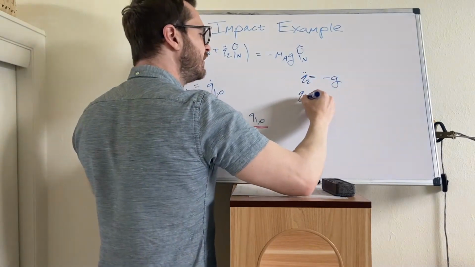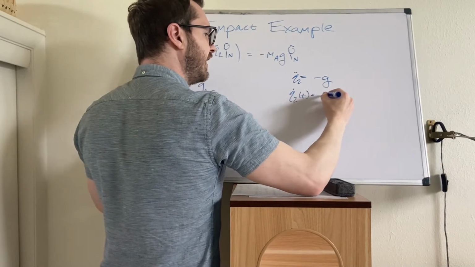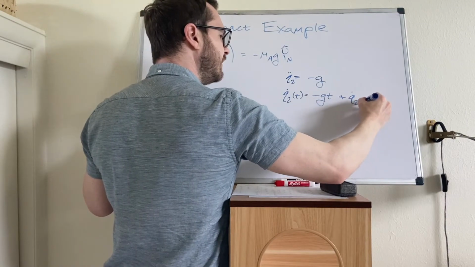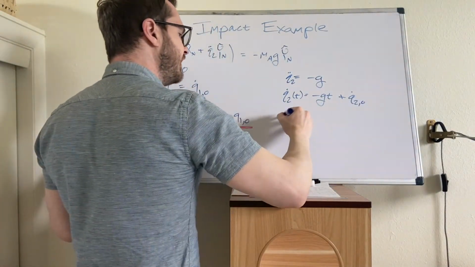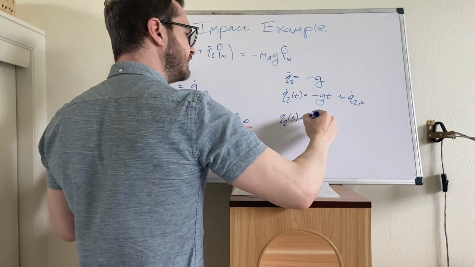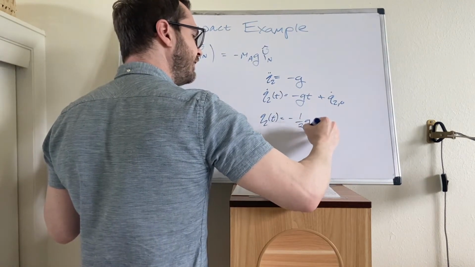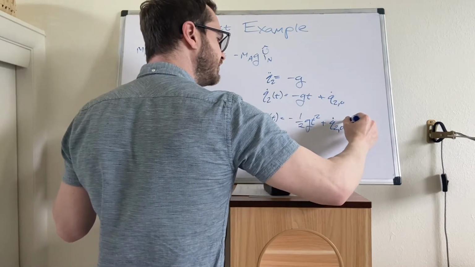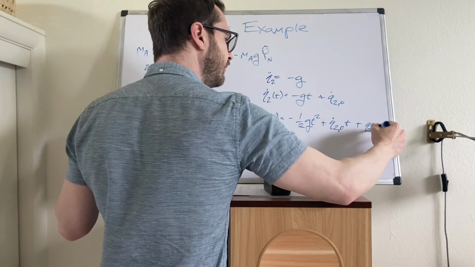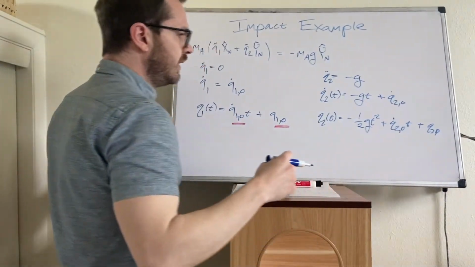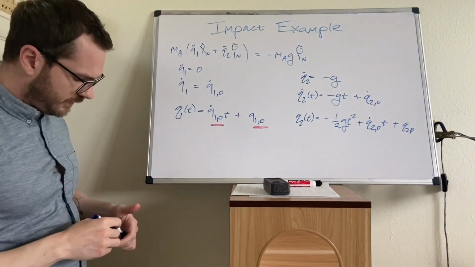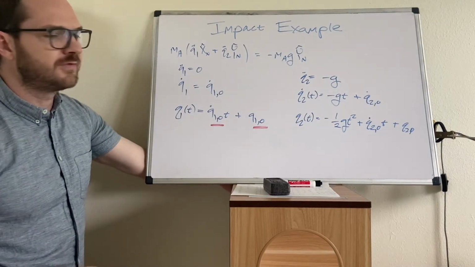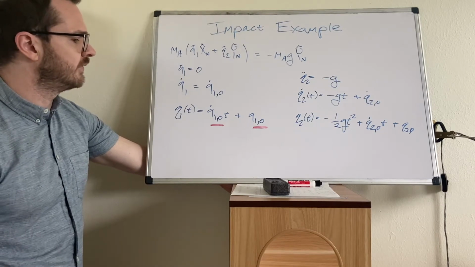Integrating, q2 dot as a function of time is minus gt plus q2 dot initial, and then q2 as a function of time is negative 1/2 gt squared plus q2 dot initial multiplied by time plus q2 initial. And of course, if you're concerned about doing this, we have the video just on ballistics. Feel free to go back and check it out.